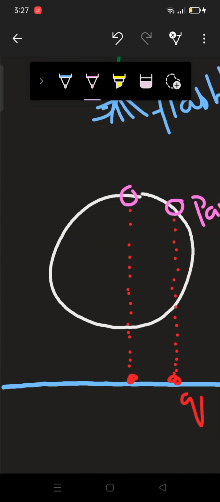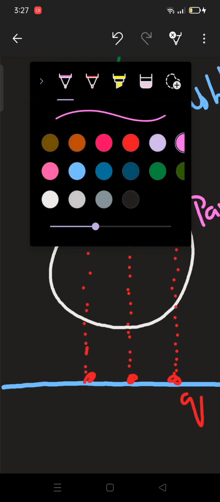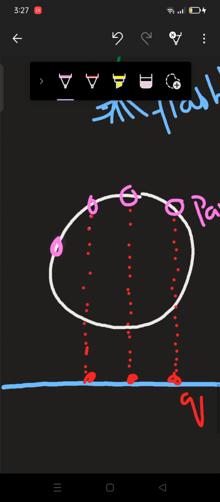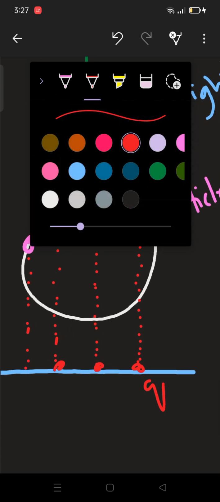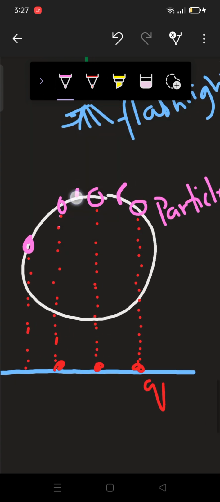Now the particle is here and its projection would be here. Again, it will repeat the motion.